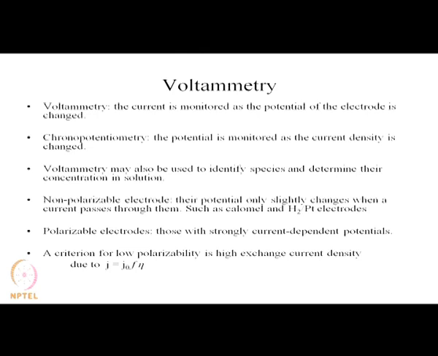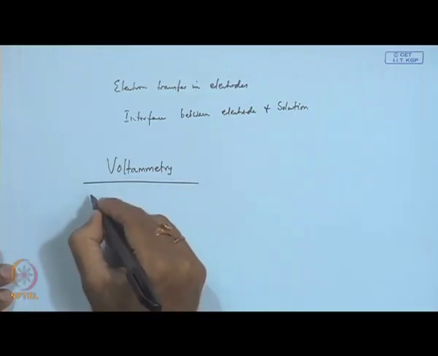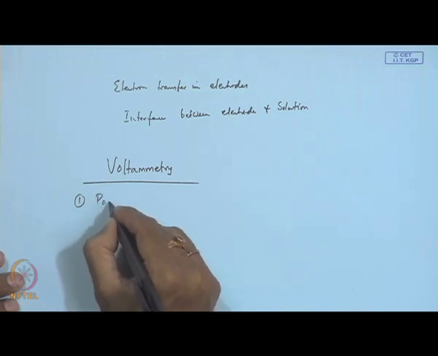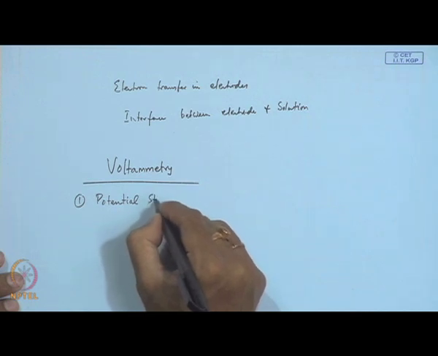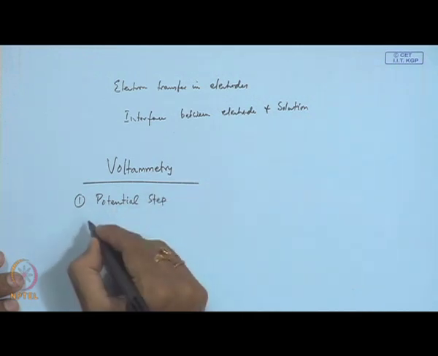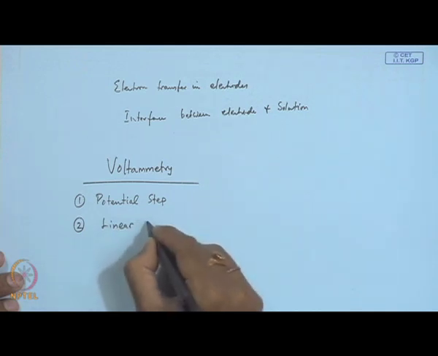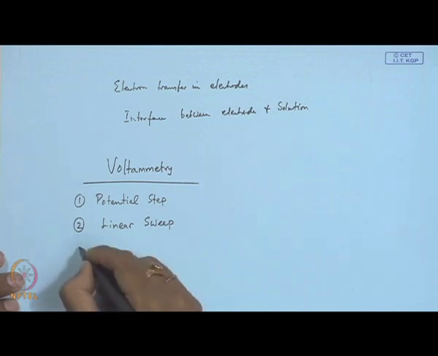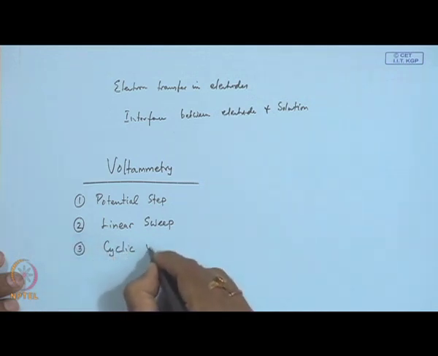There are numerous forms: one is potential step, another is linear sweep voltammetry, and the third is cyclic voltammetry.